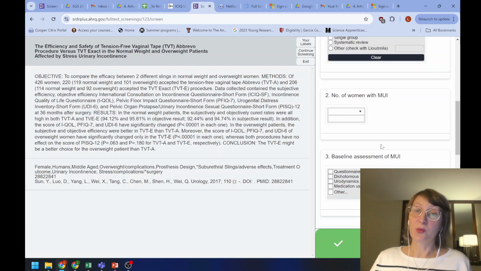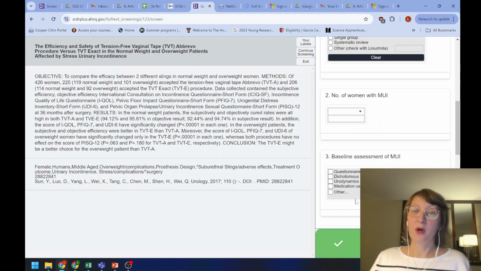If only a percentage is reported, please calculate the number of patients with MUI from your N, and put a number, not a percentage, here. And if there are two arms, then look at the total number and combine them if the data is reported separately. So just do a little simple math and add group A and group B.